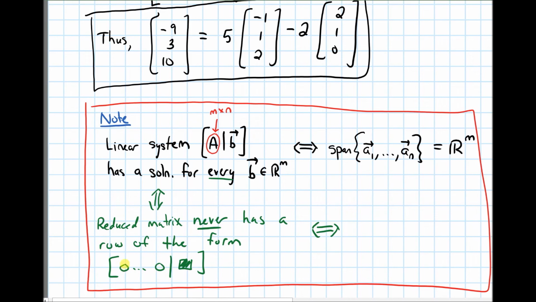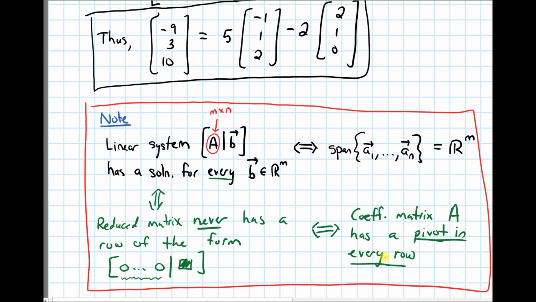Well, I can guarantee I'll never end up with just a row of all zeros on the left of my augmented bar if my coefficient matrix, the coefficient matrix is what we call A, so what's on the left-hand side of the augmented bar, has a pivot in every row.